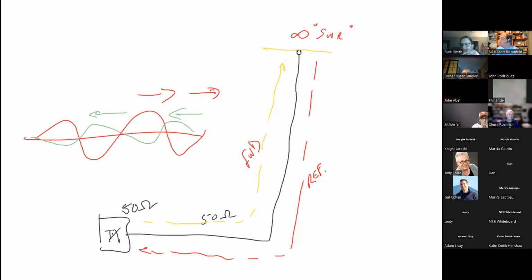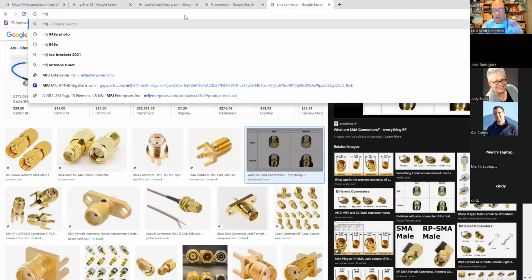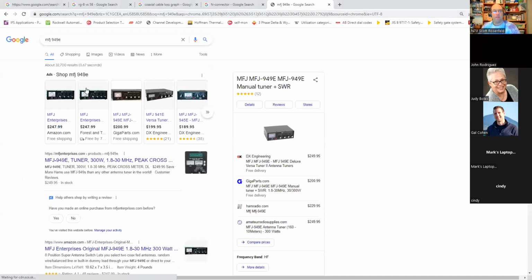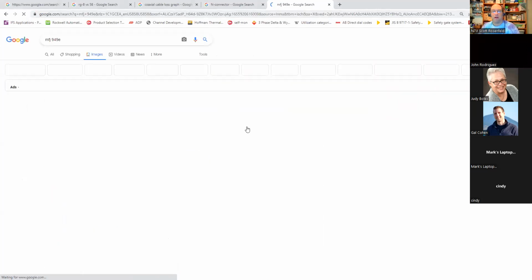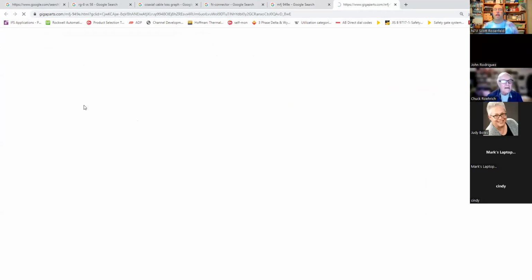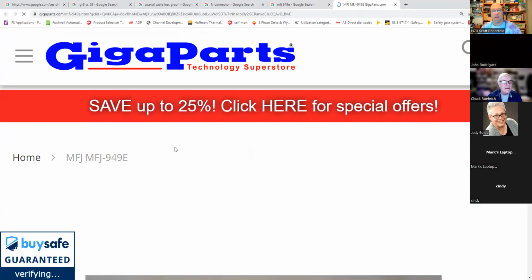You can either calculate it yourself, or we're going to do this, MFJ 949E. We're going to show this picture right here. And notice what we have on this screen eventually.